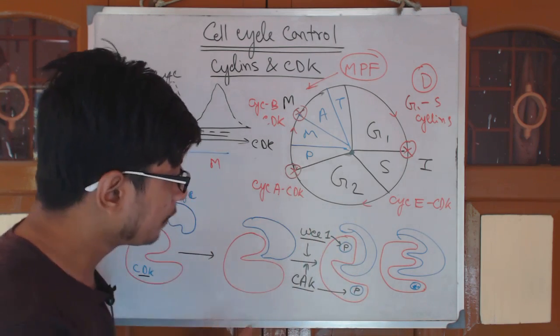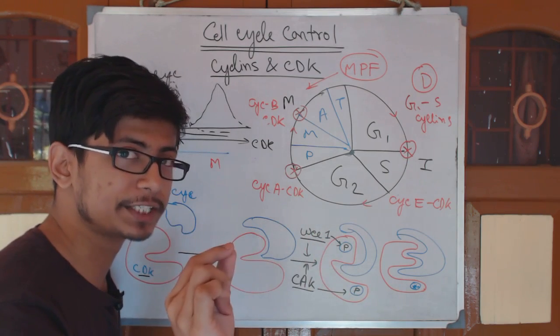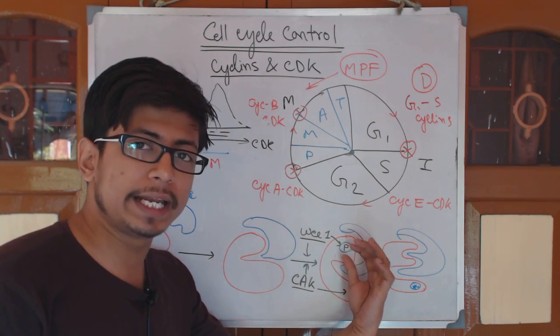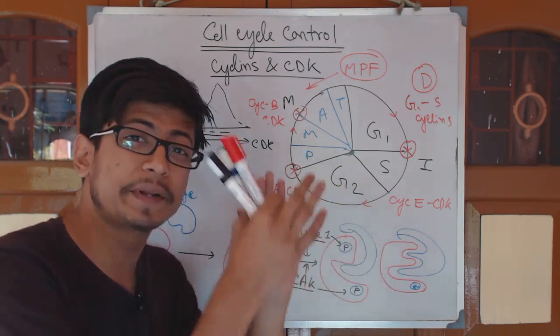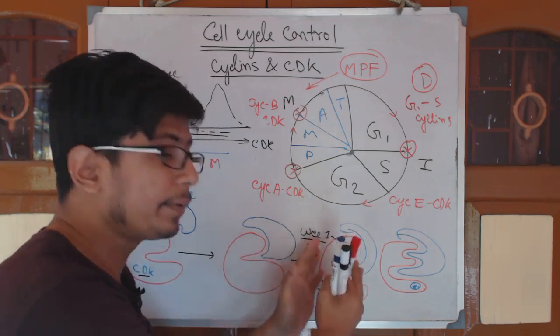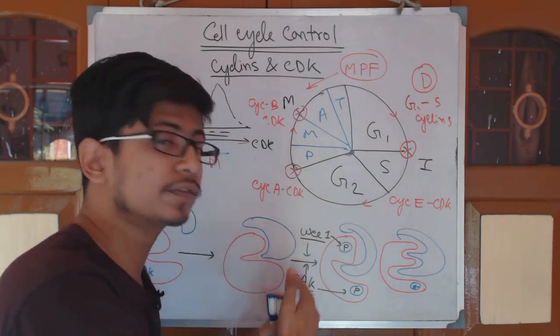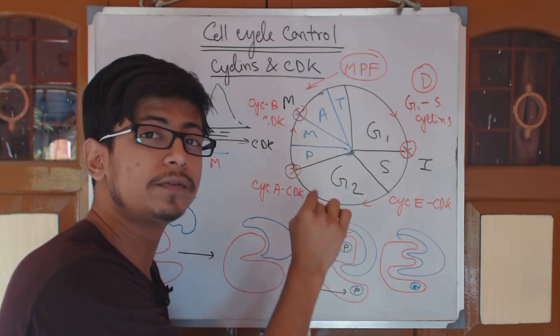You know why? Because it's phosphorylated by Wee1, which is the inhibitory phosphorylation. That means if Wee1 phosphorylates this CDK, and this phosphorylation is present, that CDK will not become active. The CDK will only become active if the Wee1 phosphorylation is taken away from it. So we have to dephosphorylate the Wee1 phosphate.